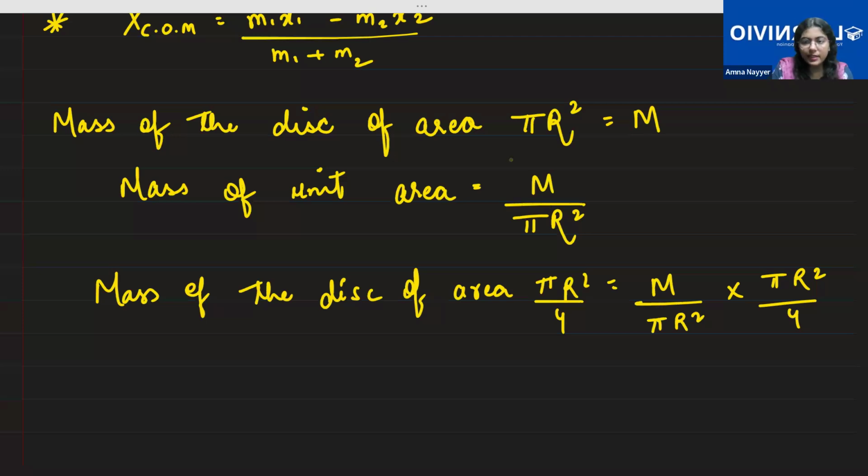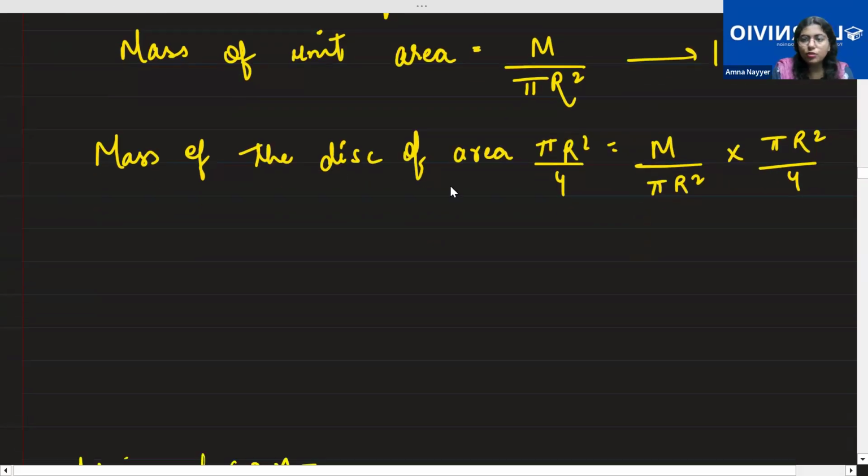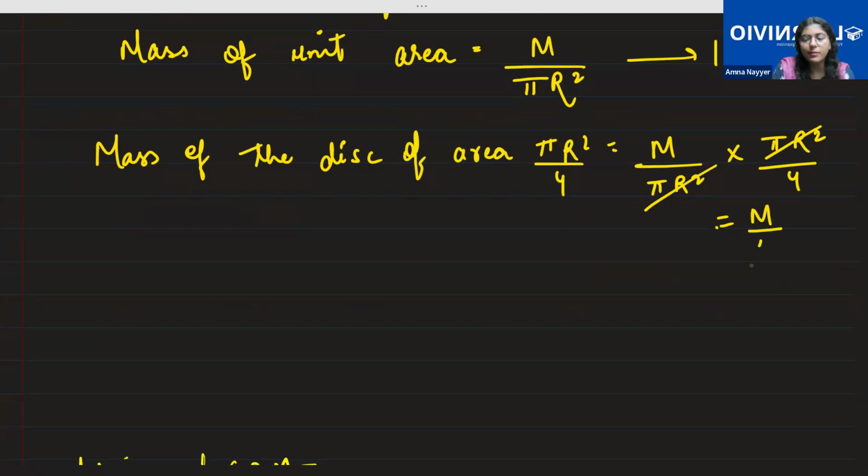This is for 1 meter square, so multiply with pi r square by 4. Pi r square will be cancelled. This will be equal to M by 4.